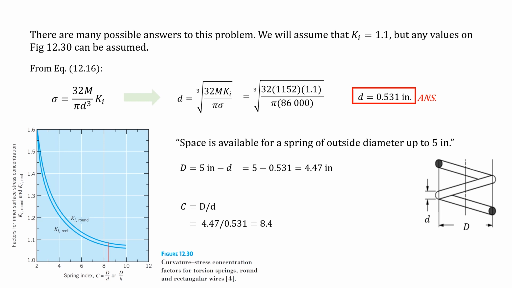So looking at this figure at approximately 8.4, we have a value of Ki of 1.09, which is pretty close to 1.1. So it pretty much checks out, just based off of our assumption of Ki, which is 1.1. So we can say that these values are okay.